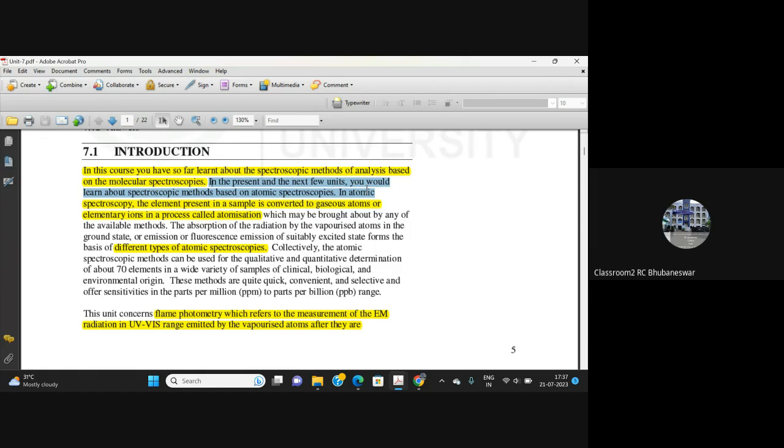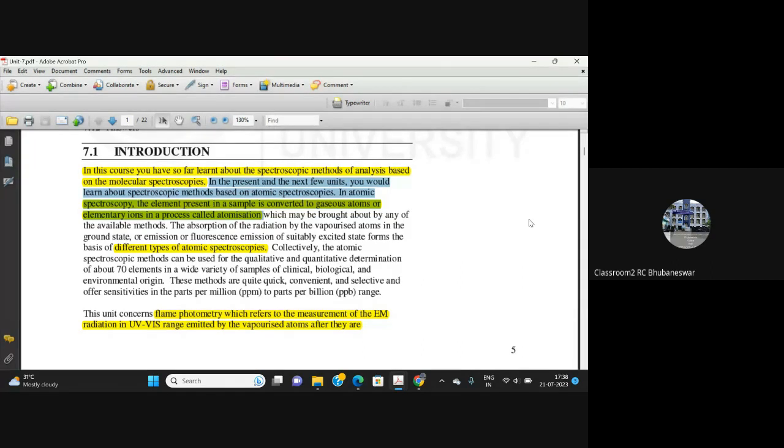In atomic spectroscopy, the element present in a sample is converted into gaseous atoms. This point is important. The element that you want to study is first converted into gaseous atoms or elementary ions in a process called atomization. This step is very important.